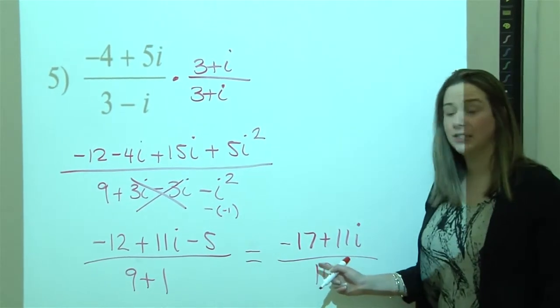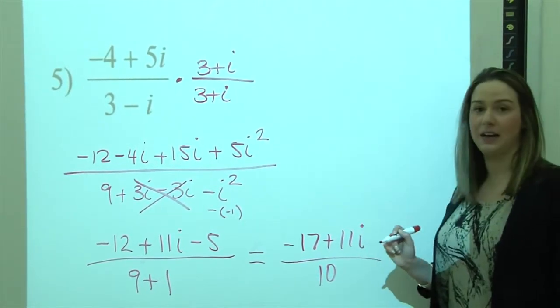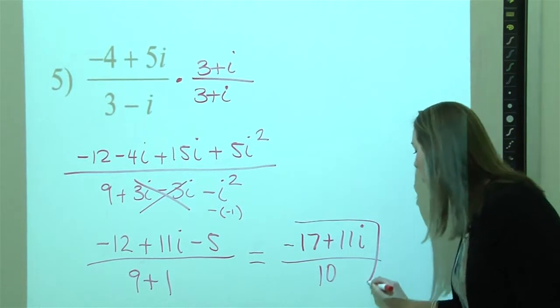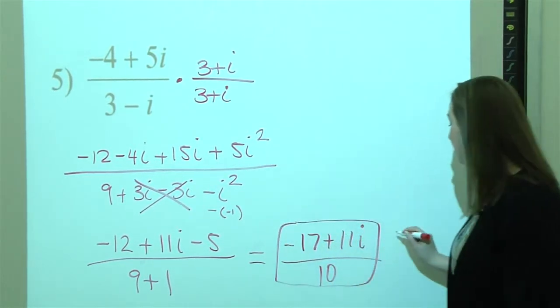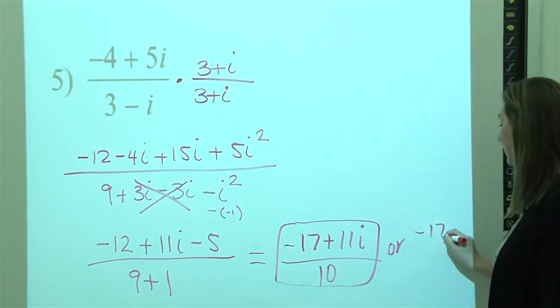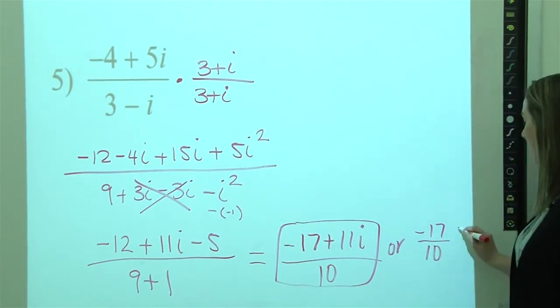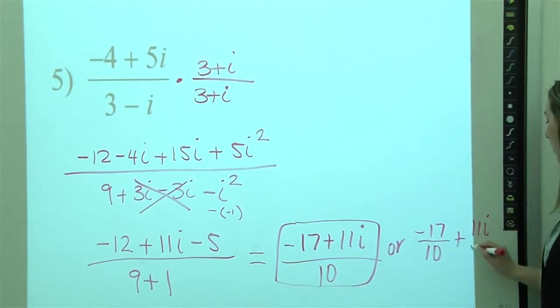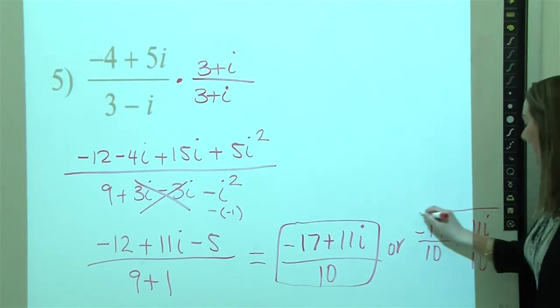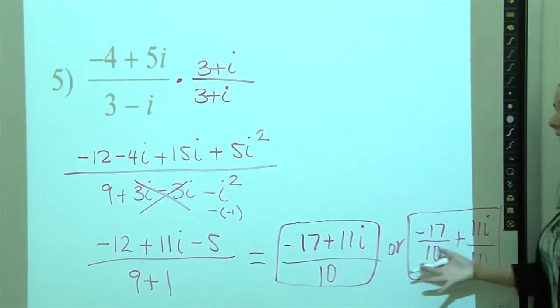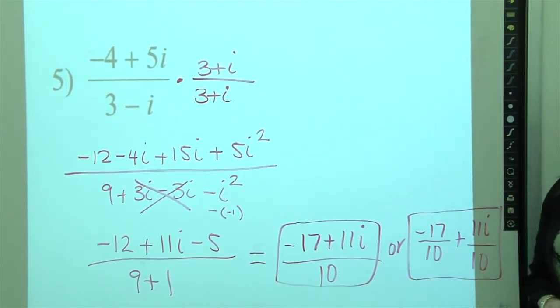So my final answer is going to be -17 plus 11i all over 10. Or if I want to write this in a plus bi form, I can say -17 all over 10 plus 11i all over 10. Both of these are solutions. They're the same thing. It just depends on how you'd like to write them.